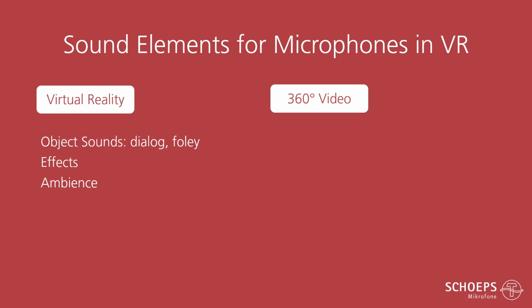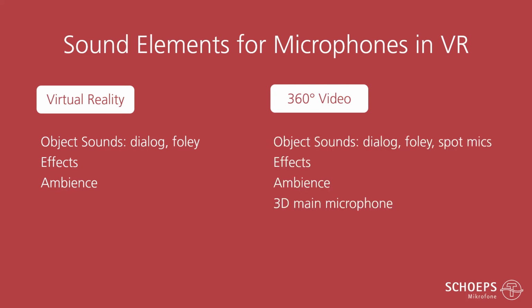For 360-degree videos on the right side here, we have actually the same, but there are two things coming to it on top. One of those is the 3D main microphone. The 3D main microphone is something that really fits into that 360-degree video, because you have a very special spot in your scene, which is the place where the camera is placed.